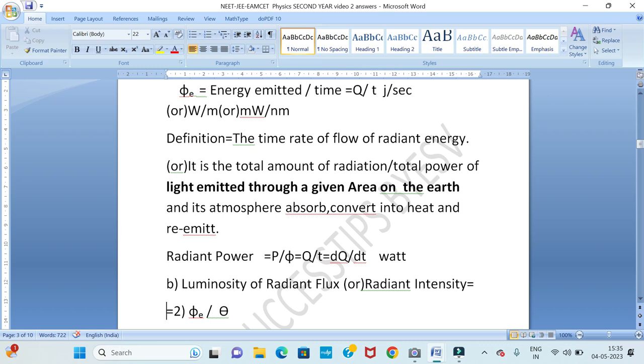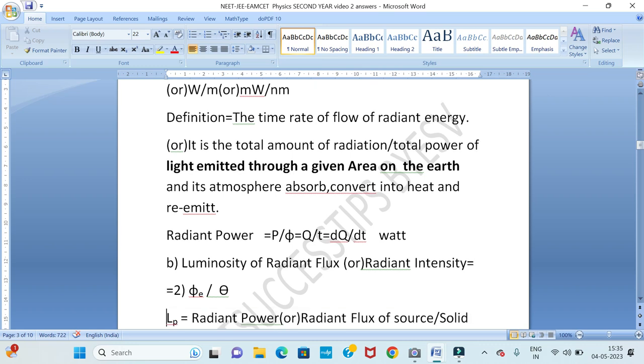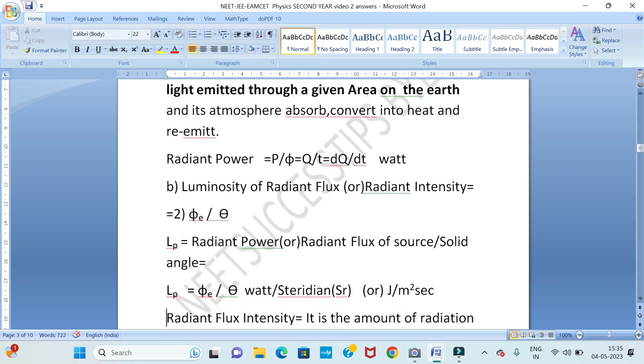Next, luminosity of radiant flux or radiant intensity. Phi E by theta. Phi E means the radiant flux symbol.